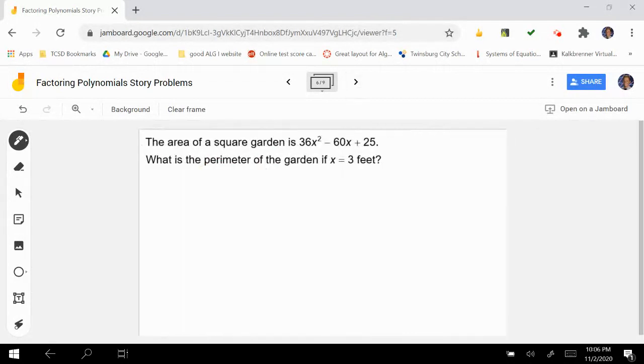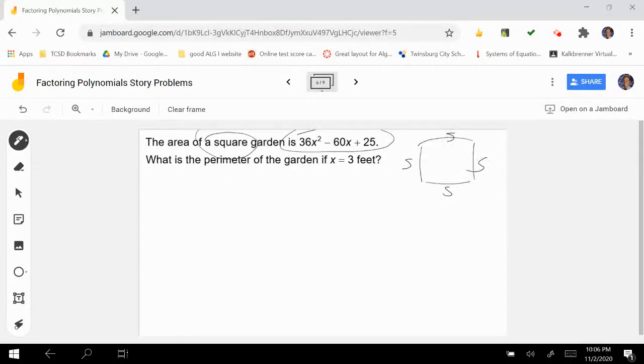The area of a square garden is 36x squared minus 60x plus 25. What is the perimeter of the garden if x equals 3 feet? So here's the key. You have a trinomial, and it's called a square. So guess what? It makes a square, meaning all these sides are equal. So it's sides squared.